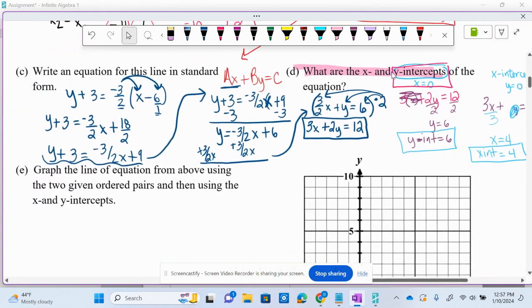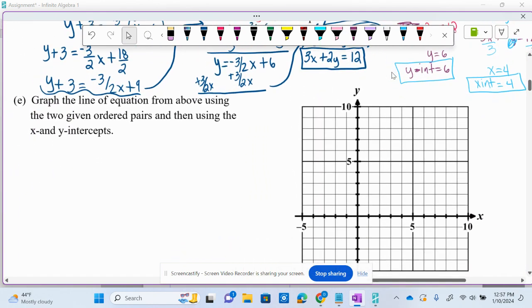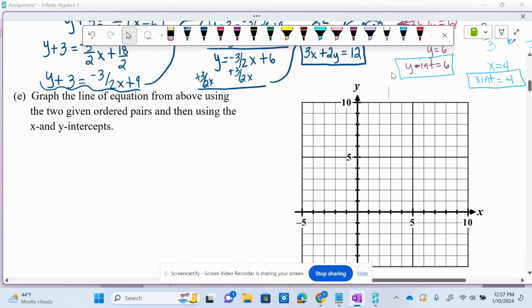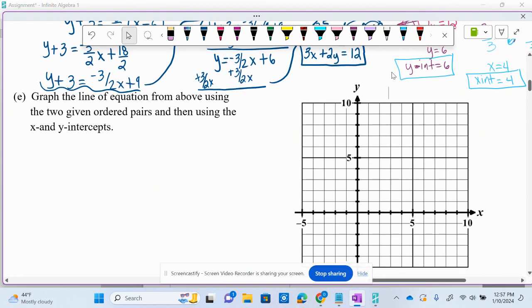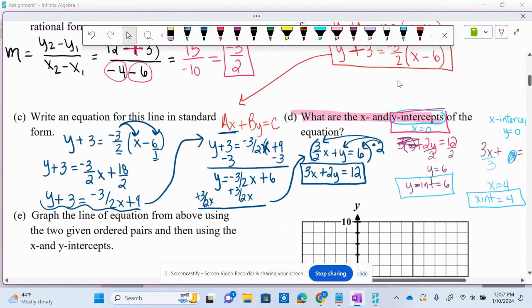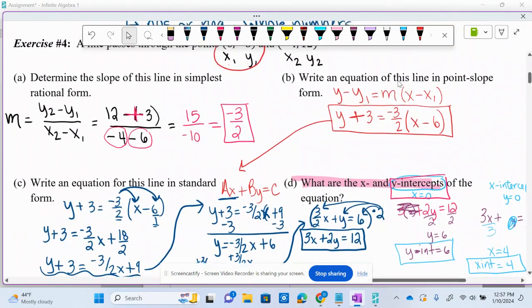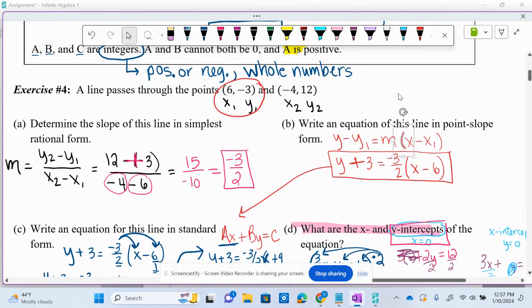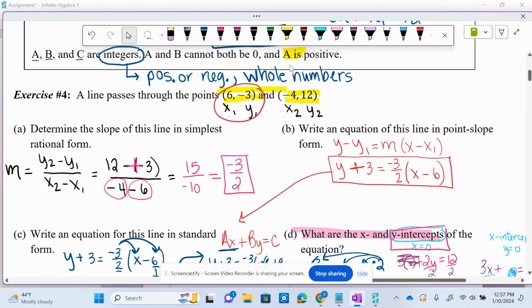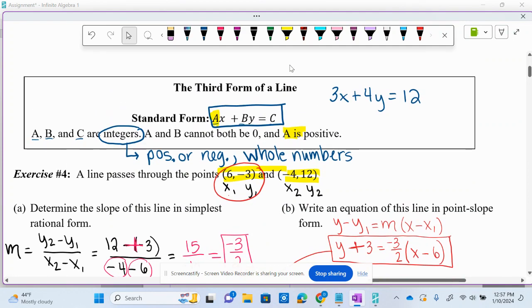All right. So, example E says, graph the line of the equation from above using the 2 given ordered pairs. What were the 2 ordered pairs that we were given to start this whole thing with? 6, -3, and -4, 12. So I want you to graph those points first.